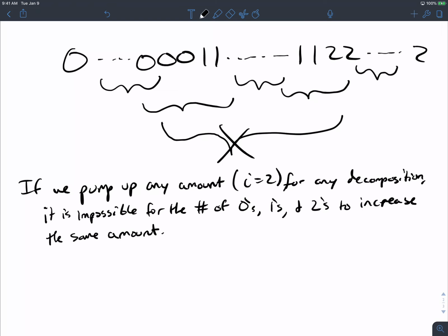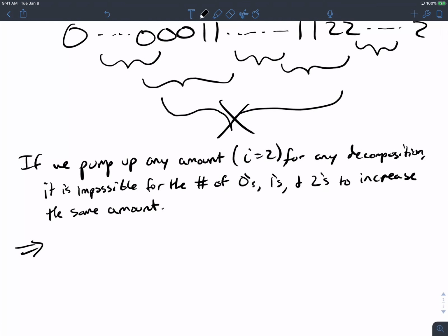So no matter what happens, if we have any one of those 5 scenarios, we leave the language. So for any decomposition at all, we leave the language no matter what happens. So what does that tell us? That no matter what we do, we leave the language, therefore the language is not a CFL. So for that reasoning, L is not a CFL.